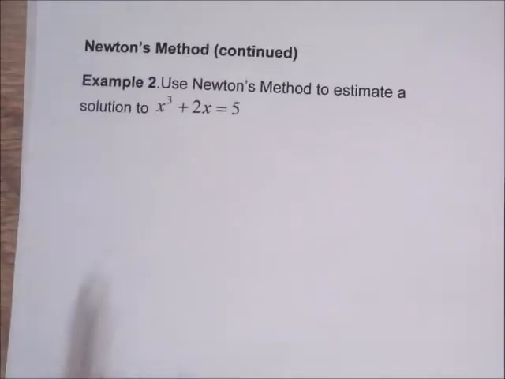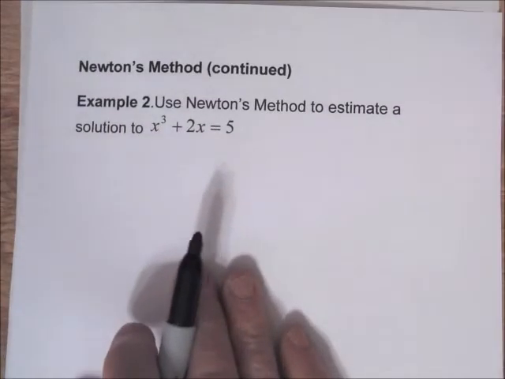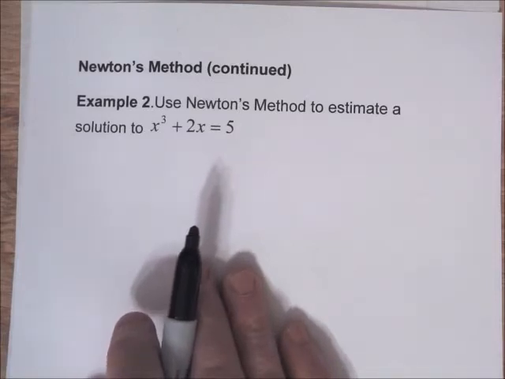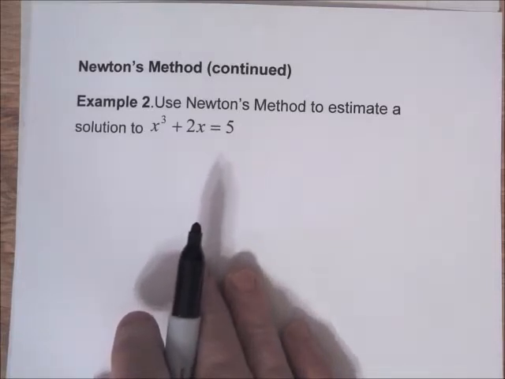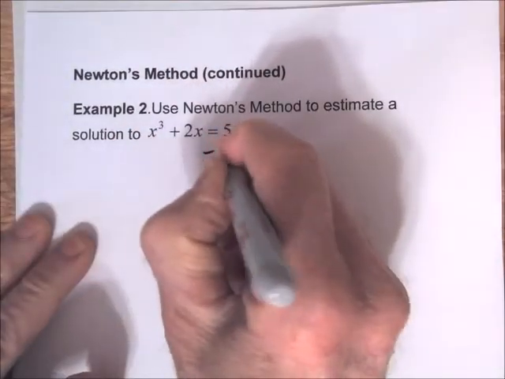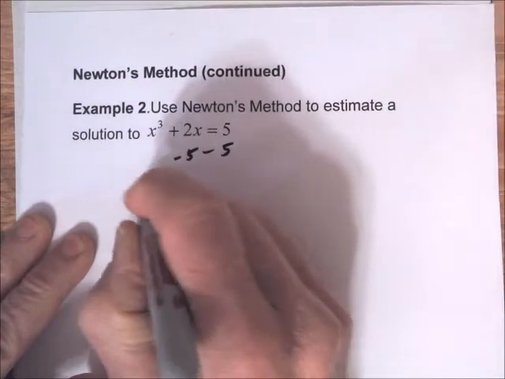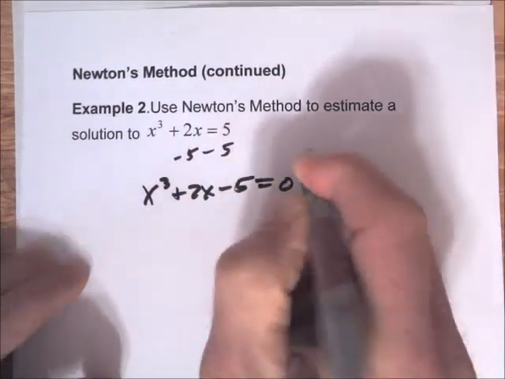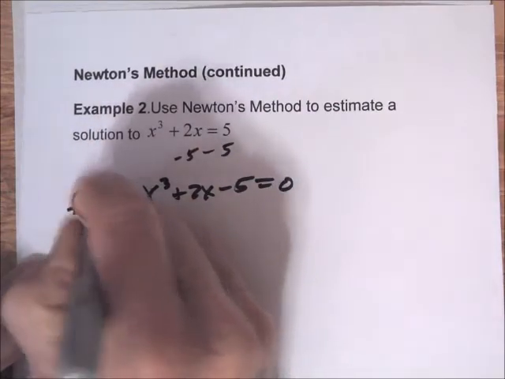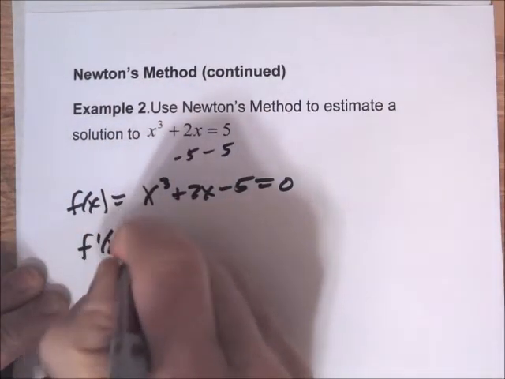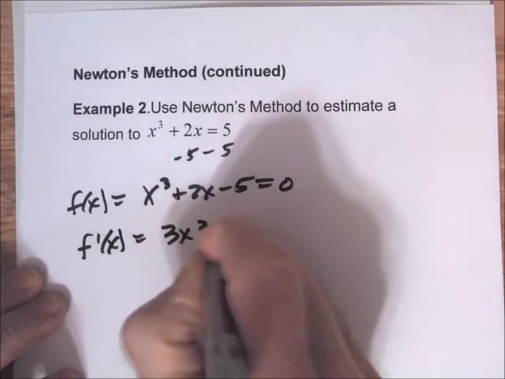Okay, so another example: use Newton's method to estimate a solution to x cubed plus 2x equals 5. If we subtract 5 from both sides, that means that x cubed plus 2x minus 5 equals 0, and we can let f of x equal that function. f prime of x then is going to be 3x squared plus 2.